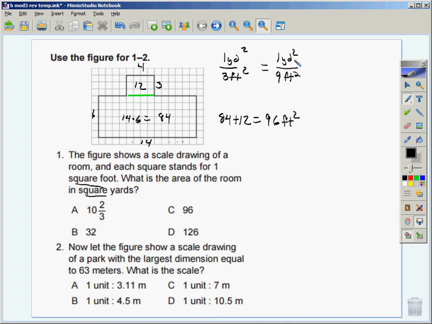But I've got to remember that I have to divide this now by 9 feet squared to get to my yards squared. So 96 divided by 9 is actually 10.66 repeating. So the answer to 1 is A.